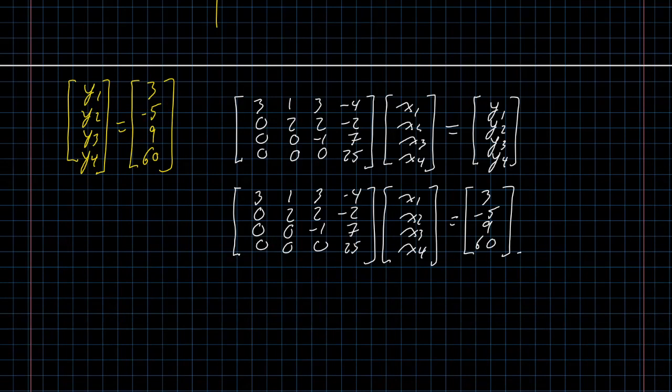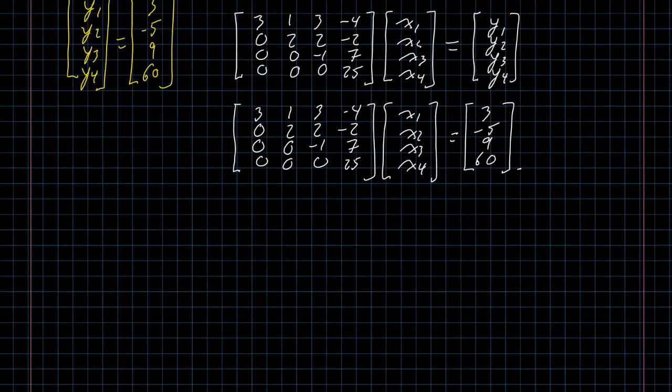This time we have a system of equations with an upper triangular matrix. And we can solve a system with an upper triangular matrix by starting at the bottom and working our way up.